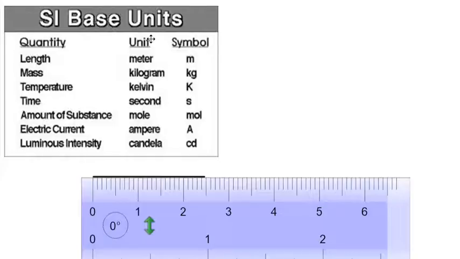Okay. Now, if we look at the measurement here, let's say we're trying to measure the length of this particular line. We want to have as good of a measurement as possible, which means we want to have the greatest number of significant digits so that we have the greatest confidence in our measurement.